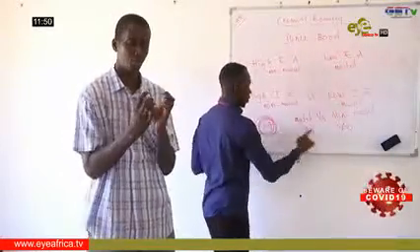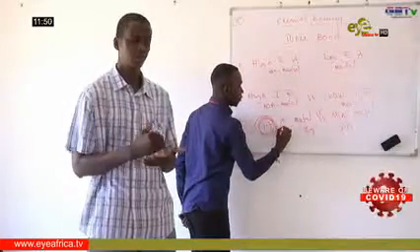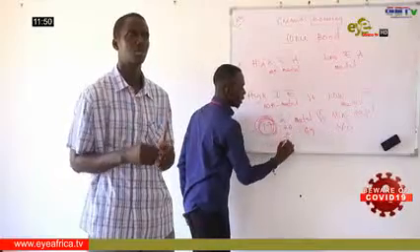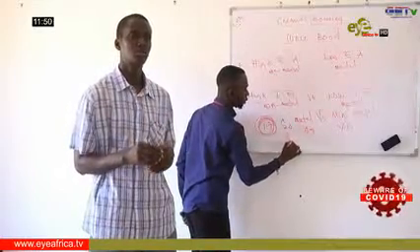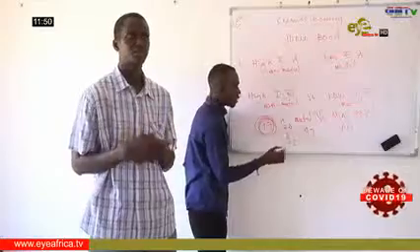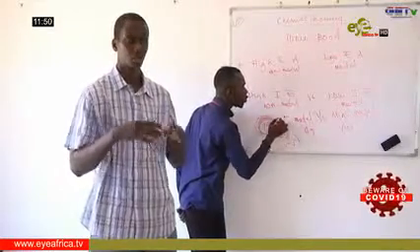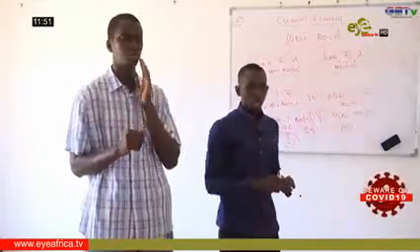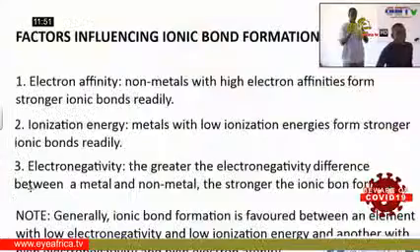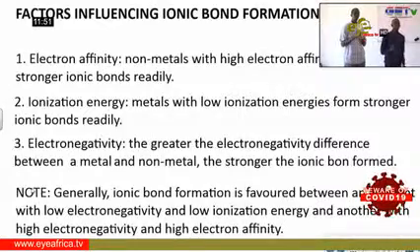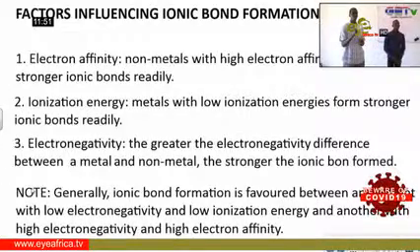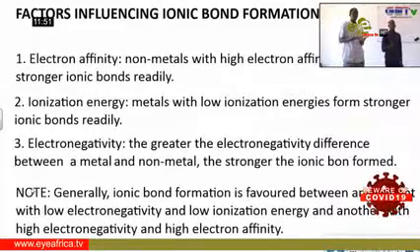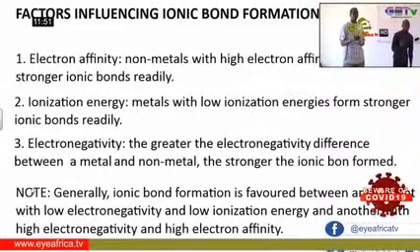That is, if you subtract, maybe in compound A, the difference is just something like 2.0. In compound B, the difference is something like 2.5. Now, we can simply say that compound B is more ionic than compound A, because the difference is higher in compound B. Now note, generally, ionic bond formation is favored between an element with low electronegativity and low ionization energy and another with high electronegativity and high electron affinity.